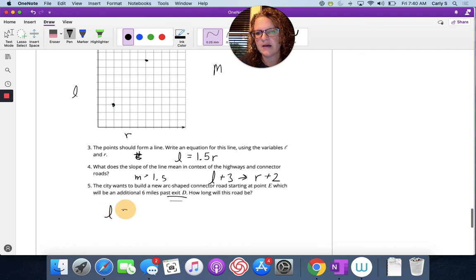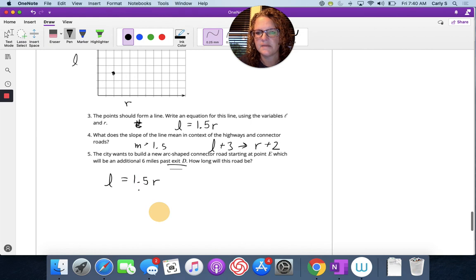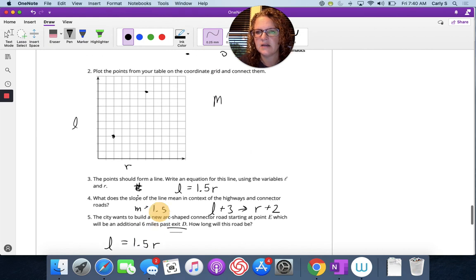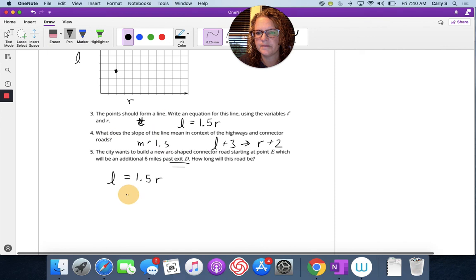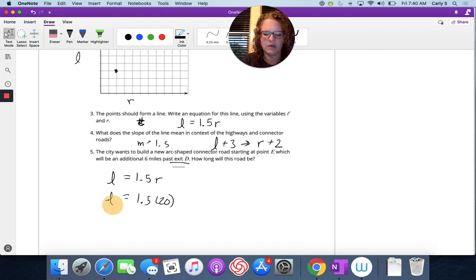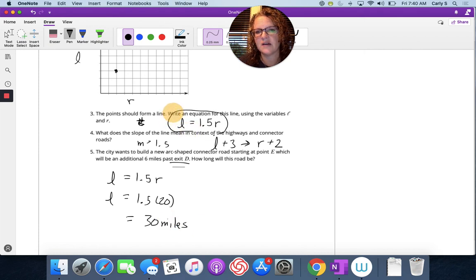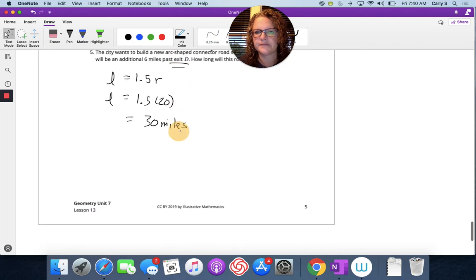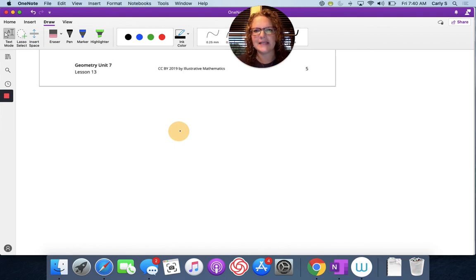Well, we know that L equals 1.5 times R. We just did R as 20. So that road will be 30 miles, because we used the equation that we found right there. And that's it. Good job.